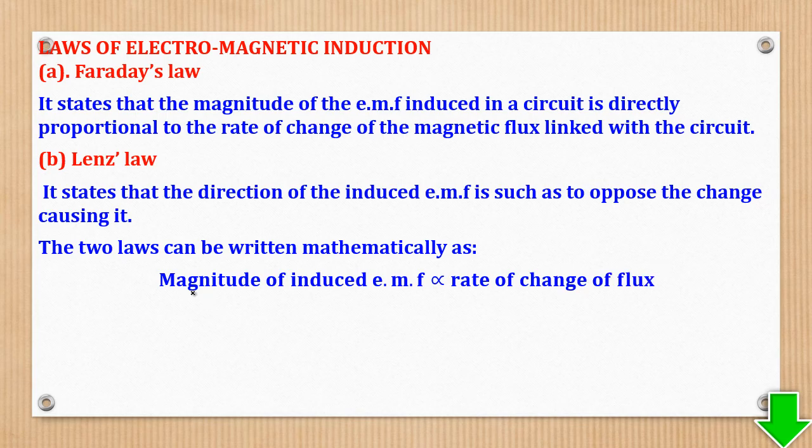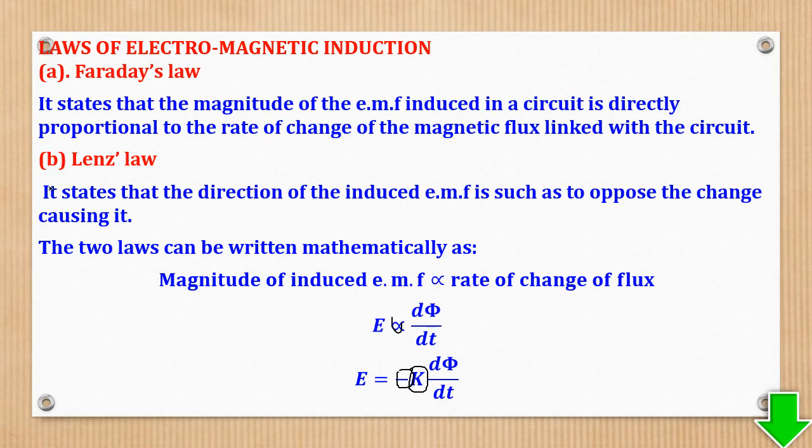We shall say first, magnitude of induced EMF is directly proportional to the rate of change of magnetic flux. You know that magnetic flux is phi, so d phi by dt means rate of change of magnetic flux, and induced EMF is denoted by E. When I put an equal sign here, I should bring a constant of proportionality, which is K. Now, why have we put the negative?